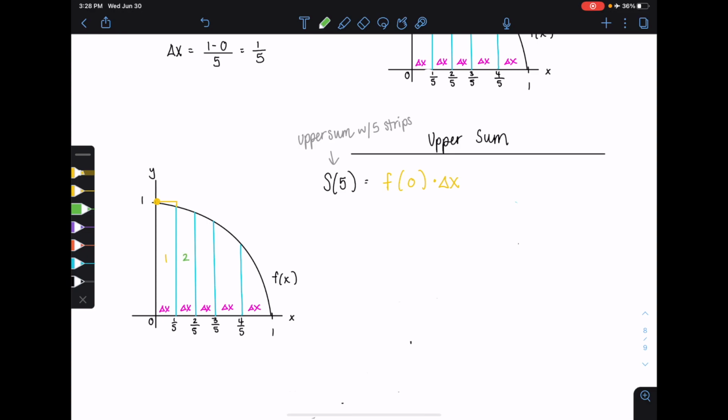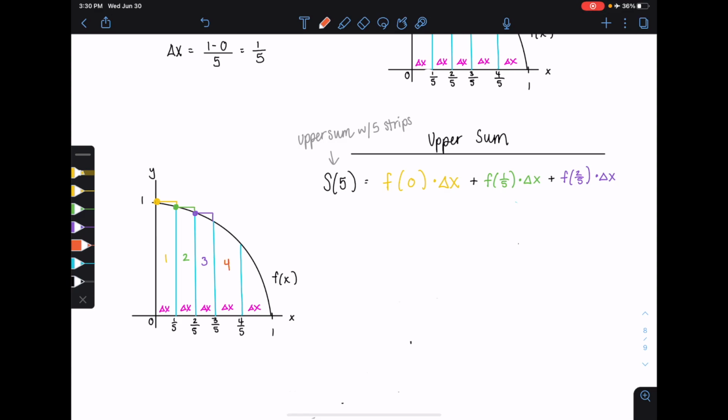Moving on to this second strip, I'm going to use the left end point again, which is 1/5, to get the height of my rectangle. And so I'll plug 1/5 into my function, and I want to times that by delta x to get the width. On the third strip, I use the 2/5, plug that into my function to find my height, and then the width is delta x.